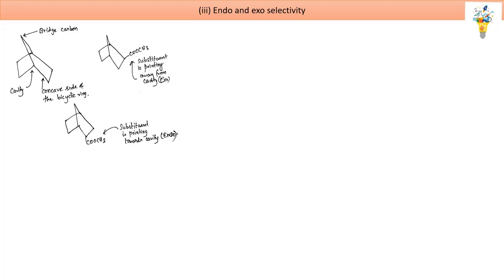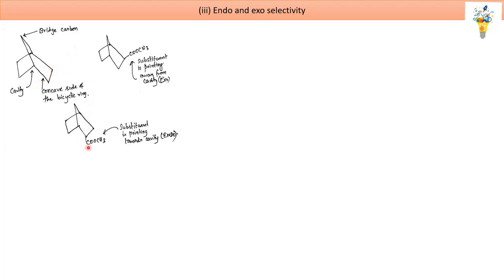If the group is present on the side that is cis to the bridge carbon, here the COOCH3 is cis to the bridge carbon, the substituent is pointing away from the cavity, so it is exo.